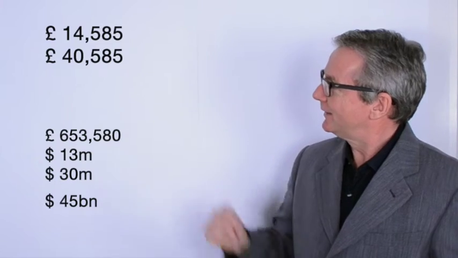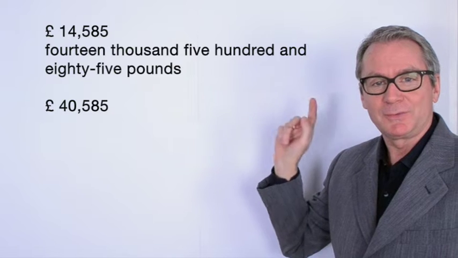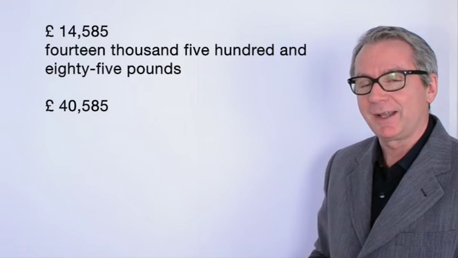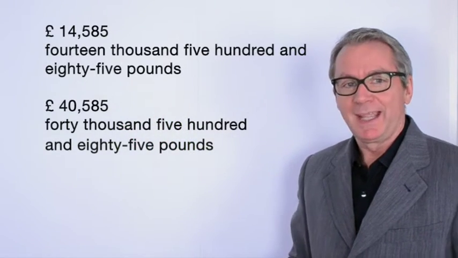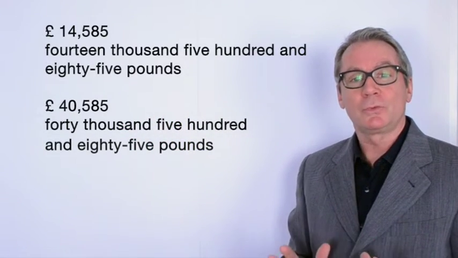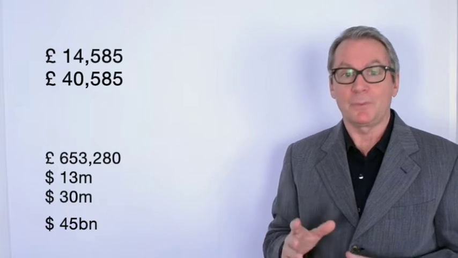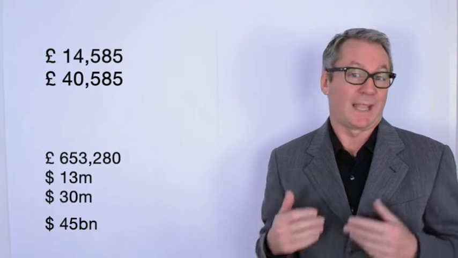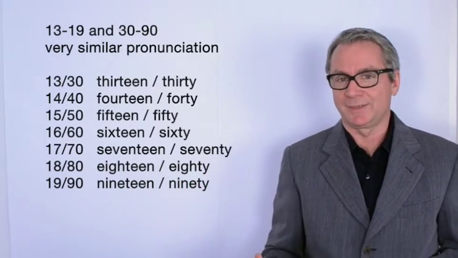Right, let's move down the list here. Now this number here is £14,585. The next one, what's that? Well, it's £40,585, because it is important to know how to distinguish between the 14 and the 40, and it's the same with 13 to 19 or 30 to 90.